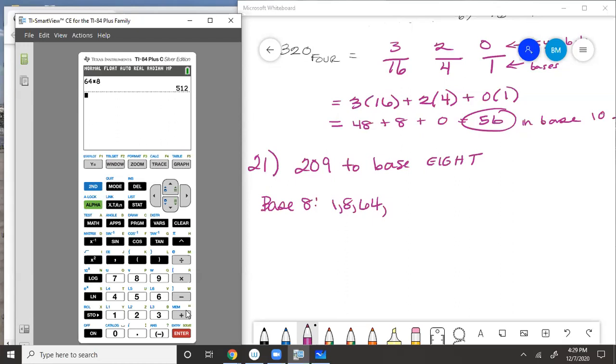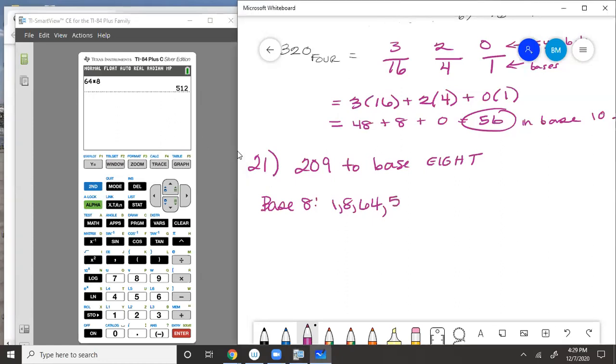Do I keep going up to 7? No, I would only go one more because the number is 209. You're not going to need a number bigger than the next one. So I would just stop at 512 because this number is smaller, okay? So we know that because this number is 209, this number is too big to multiply by anything to get a number that's smaller.